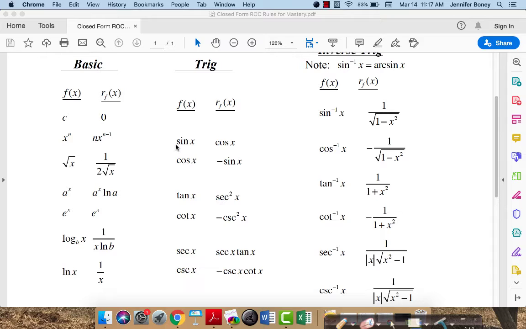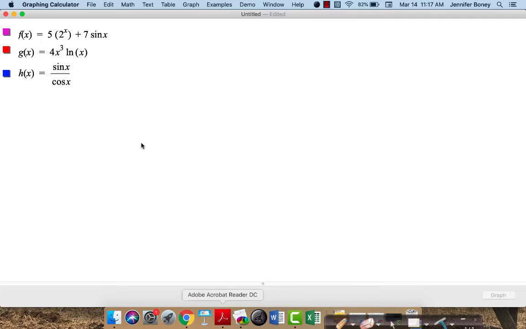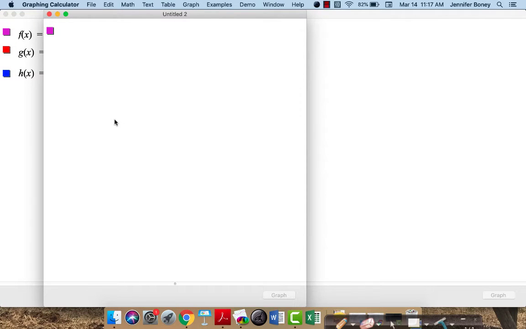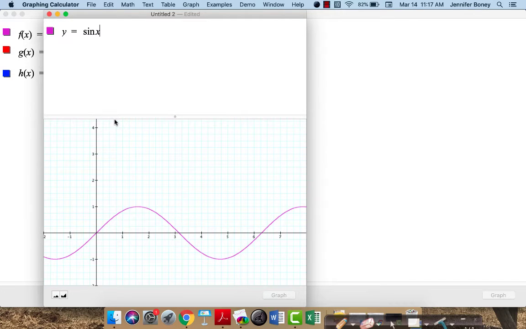So I do want to talk about this a little bit. Sine of x, its derivative function is cosine of x, and cosine of x, its derivative function is the opposite of sine of x, or -1 times sine of x. So just thinking visually about this, let me pull up a GC window. If I were graphing y equals sine of x, it looks like this.